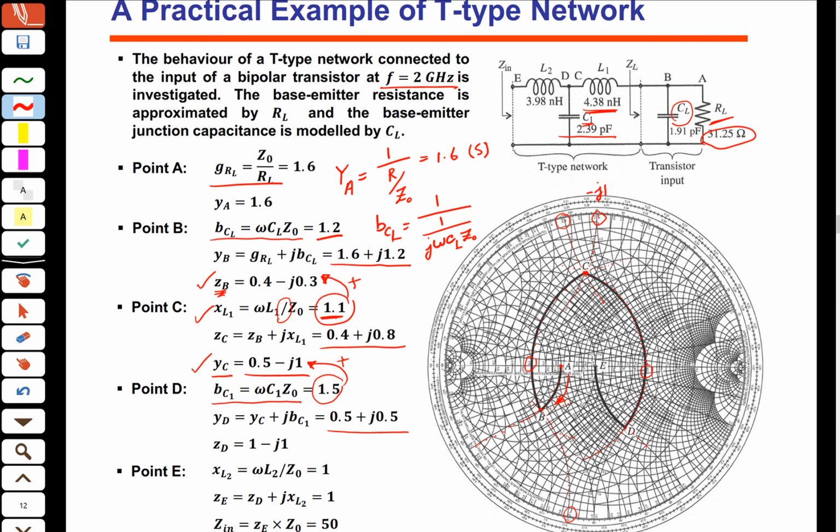And then we read the value for the impedance. The value for the impedance is the intersection of this circle, this is circle 1, and this circle, which is also circle J1. So this is minus J1. This is R1.